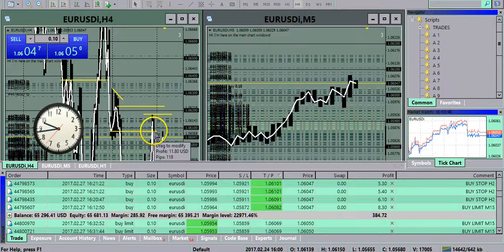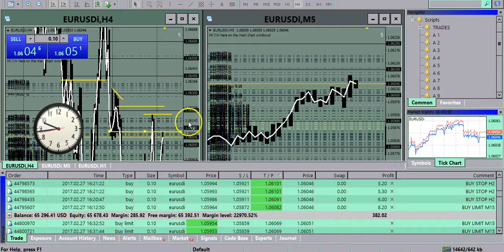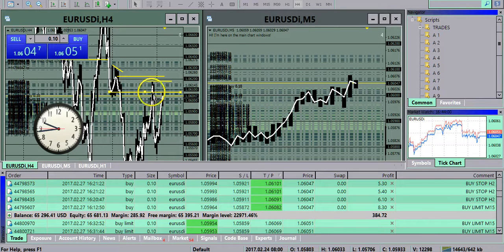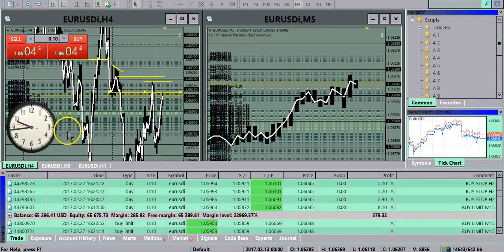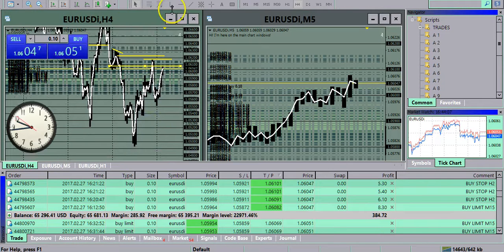Here's the price the sellers are supposed to maintain, the warehouse inventory up there. Here's the big trap on the 105.